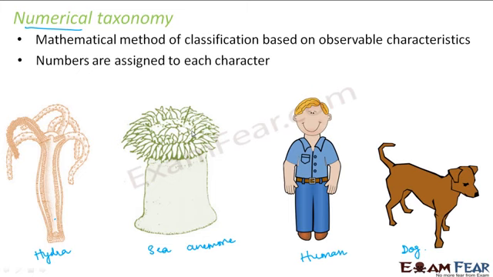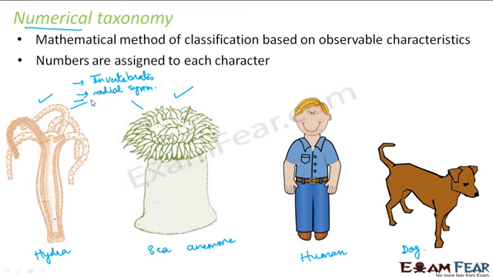In this case, what will we see? We will see there are more similarities between a hydra and a sea anemone than between a hydra and a human being or a hydra and a dog, because both of these are invertebrates. That is one similarity between these two. Both of them have radial symmetry, which is another similarity.